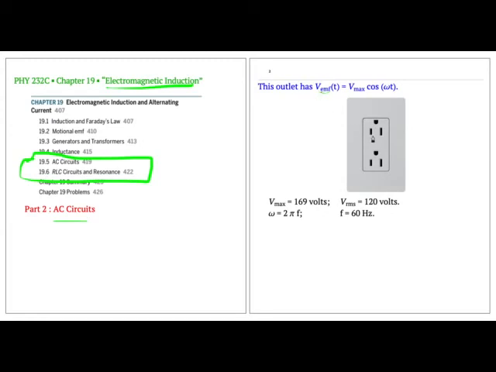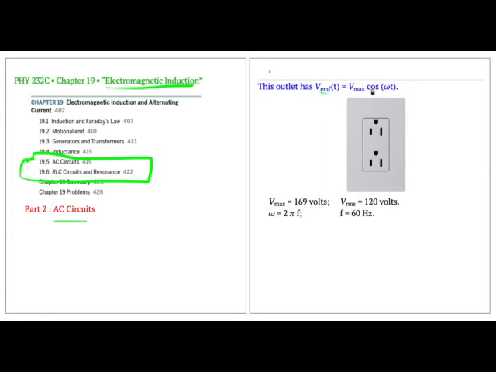The voltage difference between the two terminals varies in time sinusoidally. So, for example, it might be some amplitude of oscillation times cosine omega t. Could be cosine omega t, could be sine omega t.